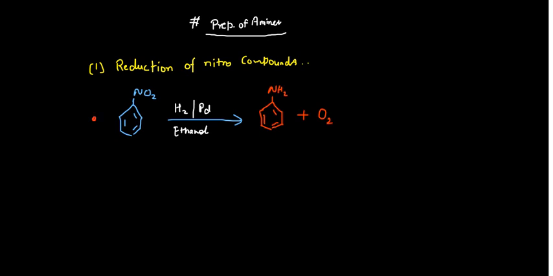As we can see, the O2 gets removed because of the hydrogen, and hydrogen attacks here. Hydrogen is added here and oxygen gas is separate. So this is the gas form and also a stable one. It will evaporate and we'll get our primary amine, or we can also call it benzene amine.